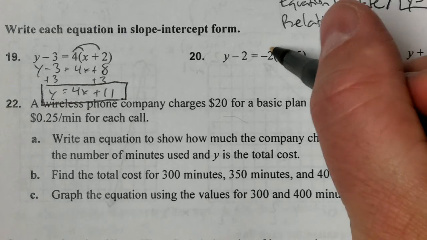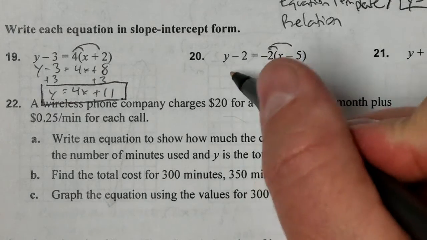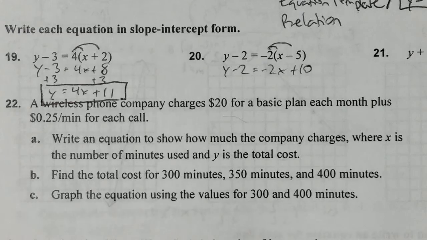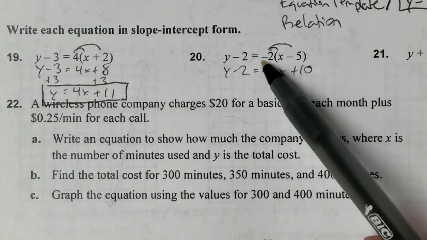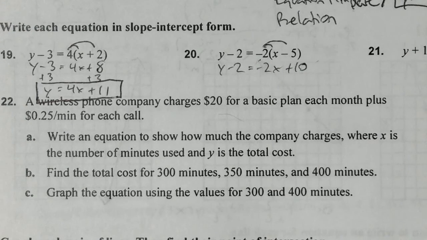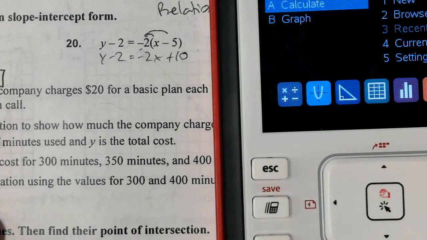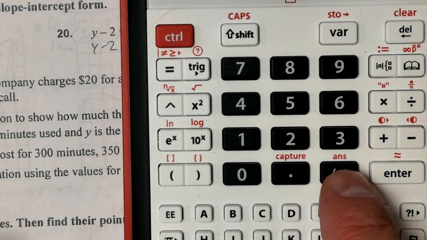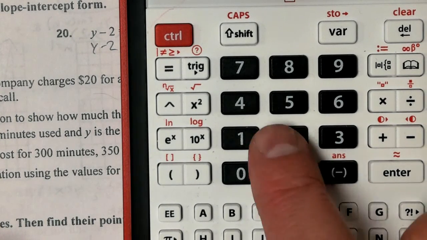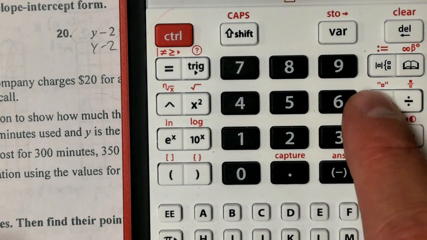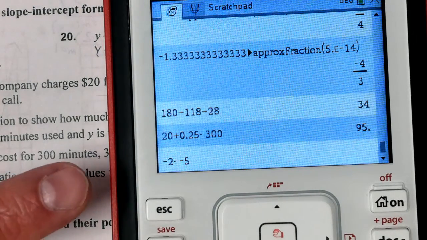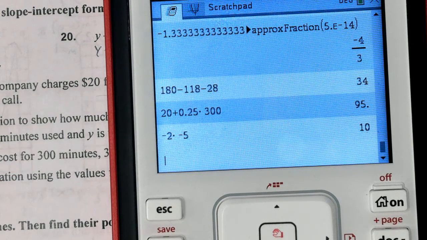Okay, now on this one we want to distribute, and we have y minus 2 equal negative 2x plus 10, because you're doing negative 2 times negative 5. So just remember on the calculator, the negative sign you use in front of the number is this one, like negative 2, and then times negative 5. So that looks like this, negative 2 times negative 5.